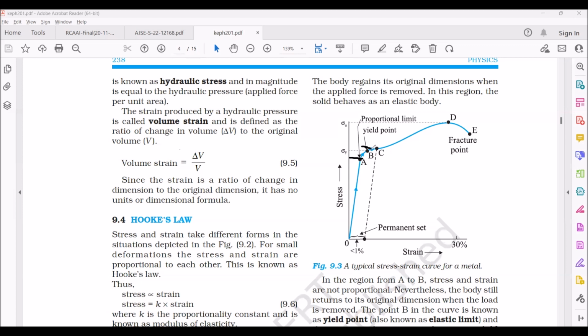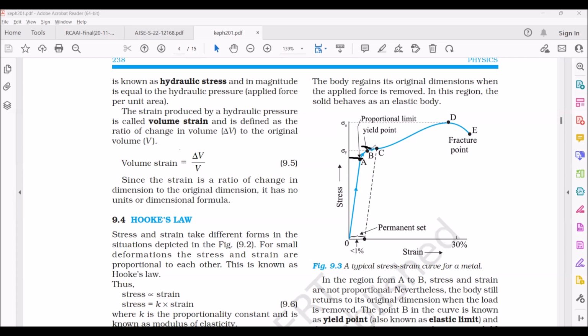Even if we are increasing the stress from the point B until D, the material is obeying the plasticity property. If we remove the force, the material cannot come back to its original form. After D, when we still increase the stress, the material gets fractured at the point E. If these 2 points D and E are very close to each other, that means the material is brittle.